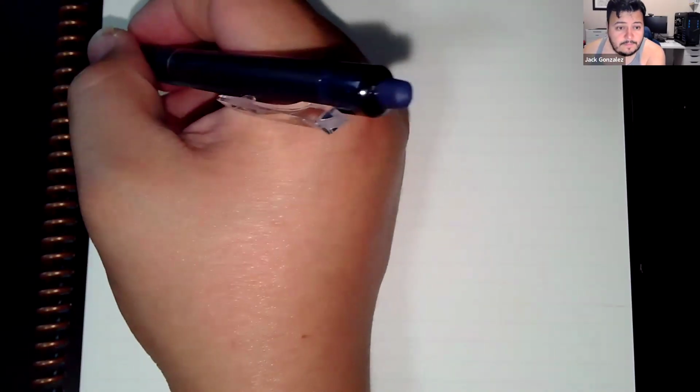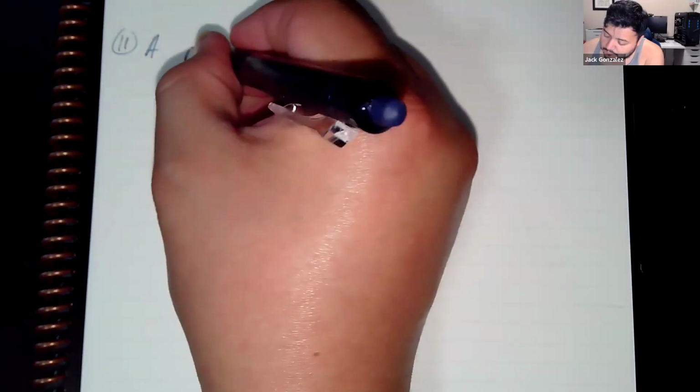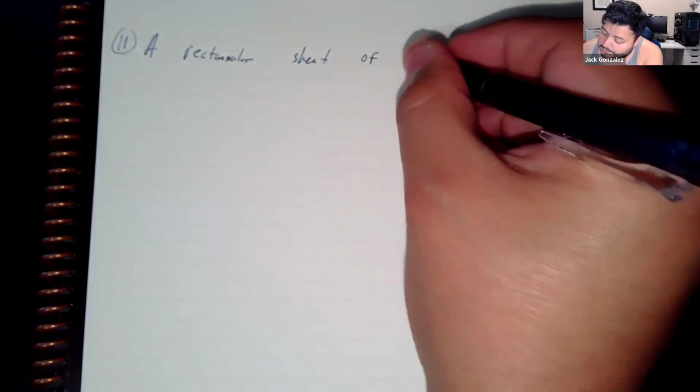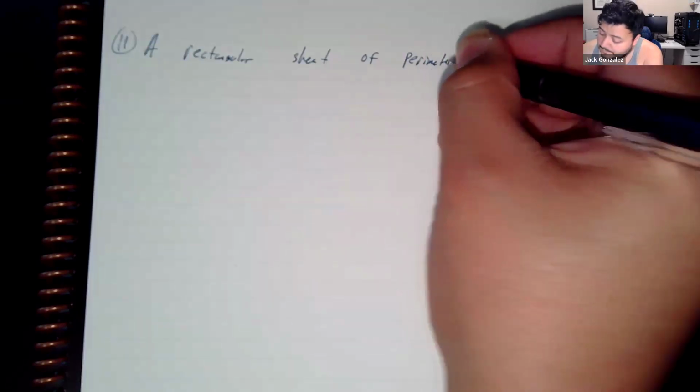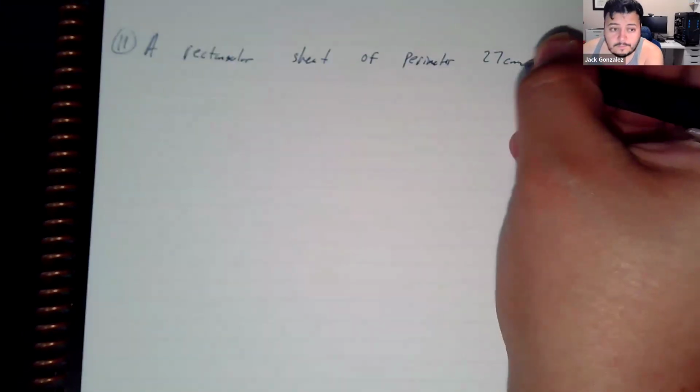We move on to 11. That is not too bad. So they have a rectangular sheet of perimeter 27 centimeters.